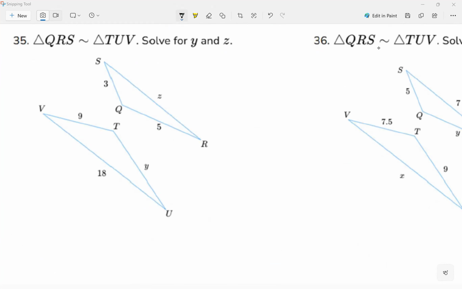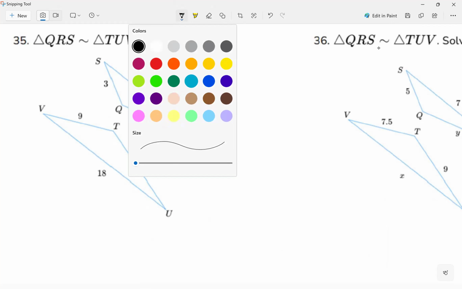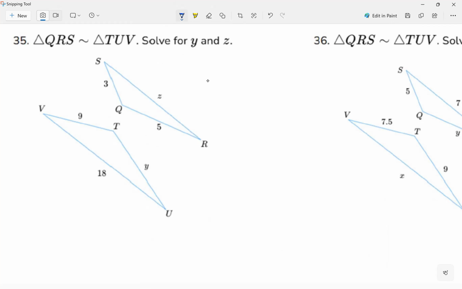Let me see what sides are proportional here. I'm going to color code them. The side SQ, when I look at it here, I'm going to use the first and third letter, so it has to go with the first and third letter, the side TV.